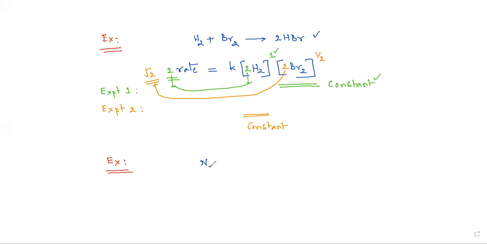Suppose you consider this expression. For this, the rate equation is K into concentration of N2O5 to the power 1.